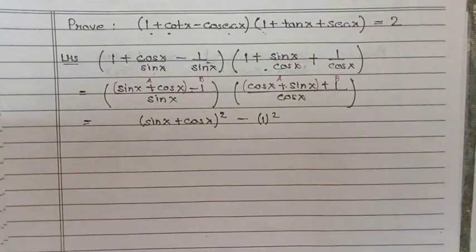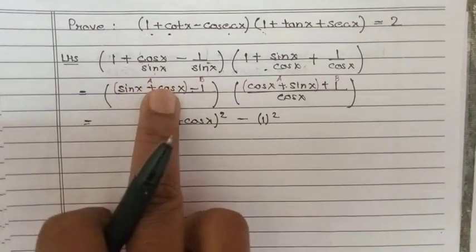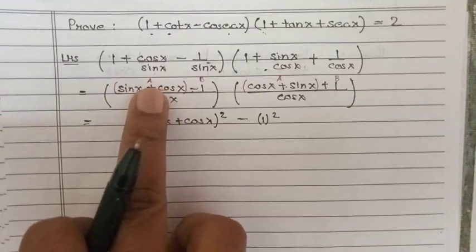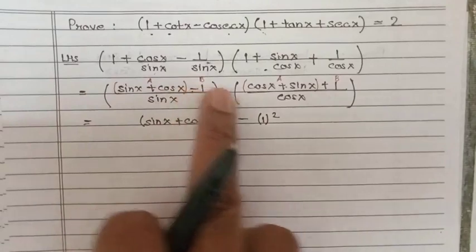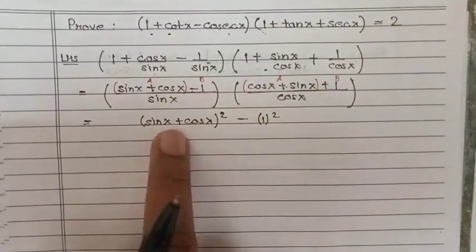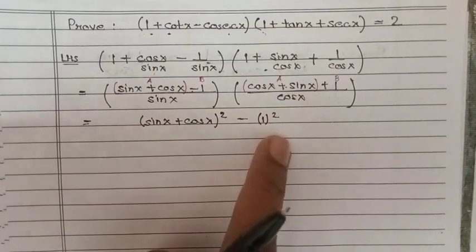So see, I have applied this method. Sine x plus cos x was considered as a. So the first bracket is considered as a minus b. In the second bracket we have a plus b. So we have applied the formula a square minus b square.